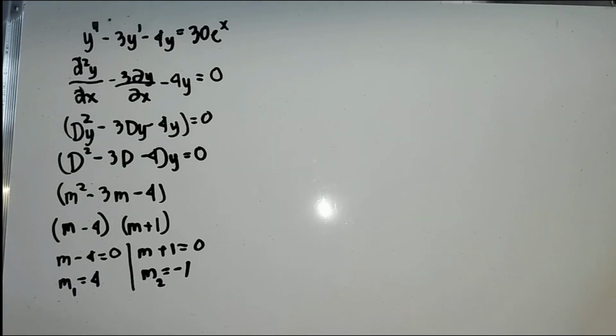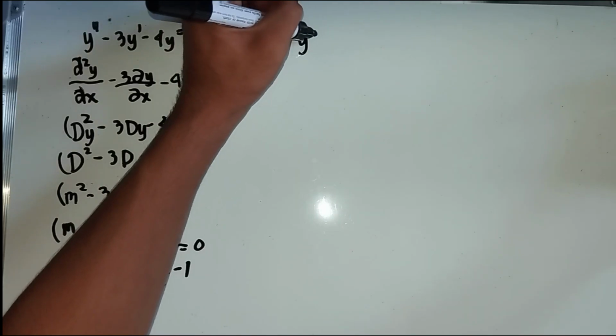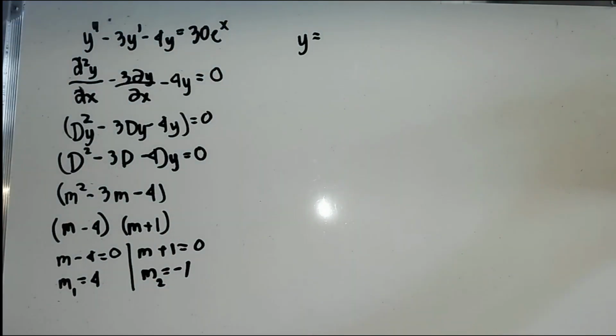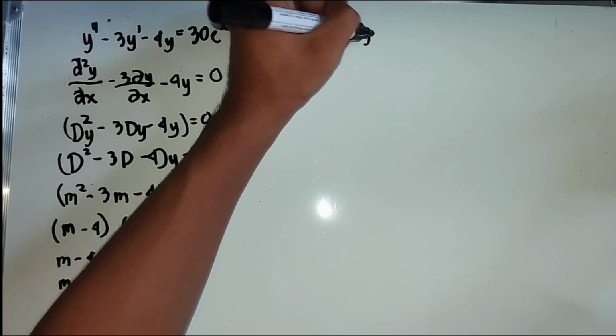Since we already have the roots for the yc, in the non-homogeneous differential equation method of undetermined coefficients we are required to find y, which is equal to yc plus yp.